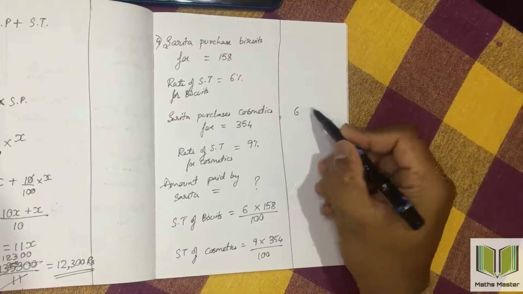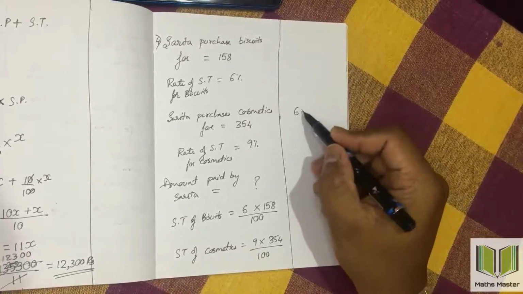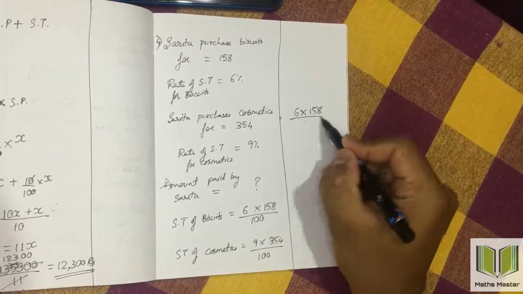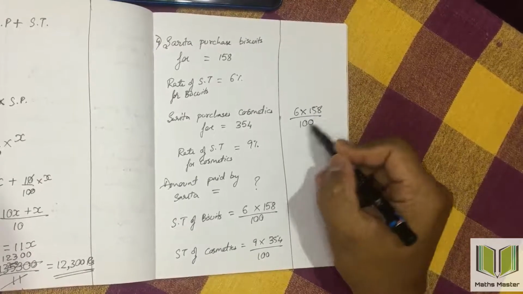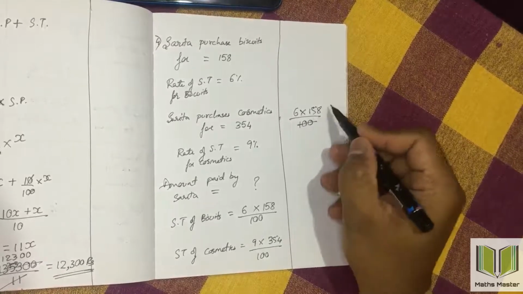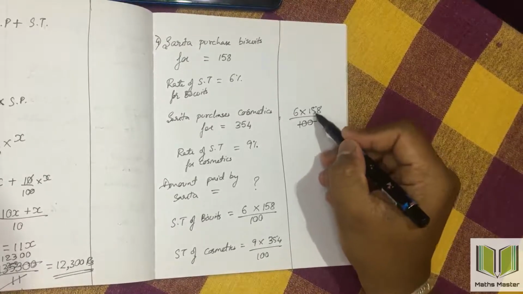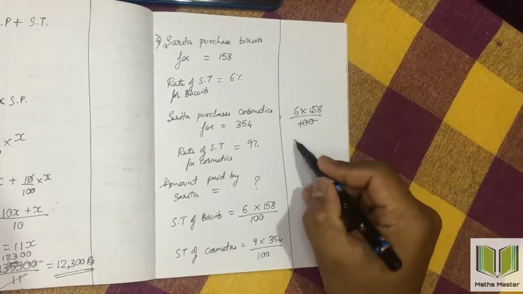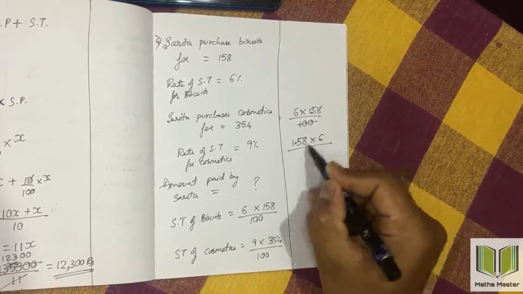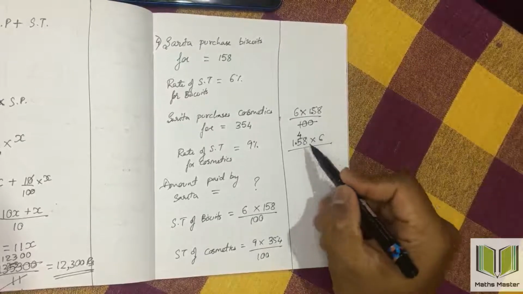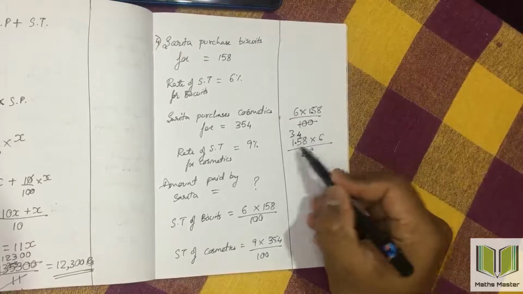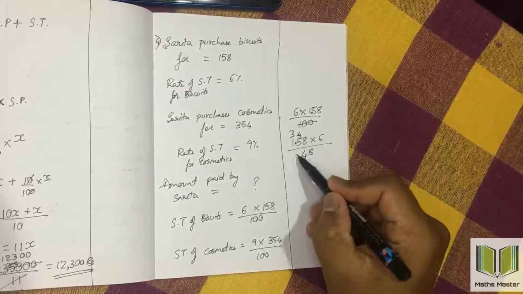6 into 158 divided by 100. So there are two zeros, guys. If they are cancelled, I can take this as 1.58, the decimal. So it is 1.58 multiplied with 6. If I do this way, 6 8s are 48, 6 5s are 30, 34, and 6 1s are 6, plus 3 will give me 9.